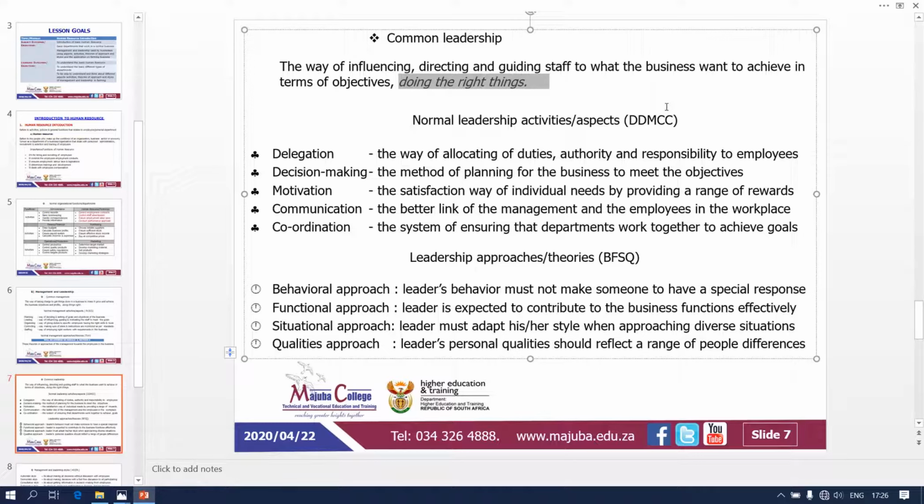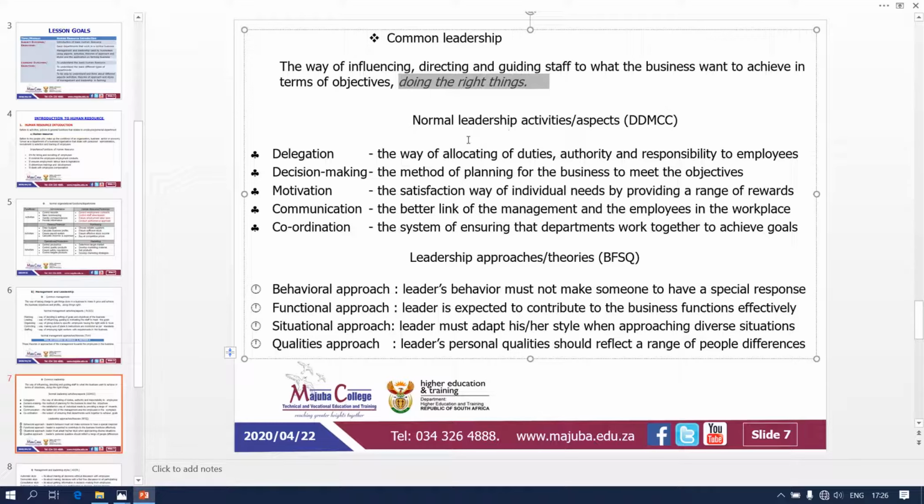Remember, a leader goes in the front and also comes back at the back of the mob. You lead in the front, you lead at the back. But remember what the manager or management does: they're always facing the mob to see the mob are doing the thing. But being a leader, you are in front or you are at the back.